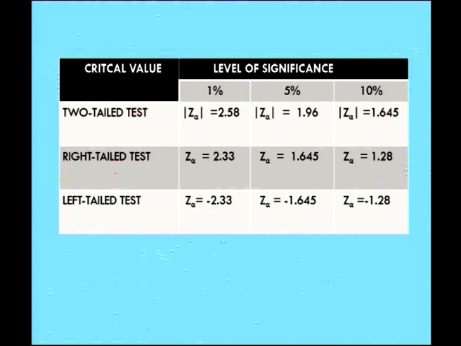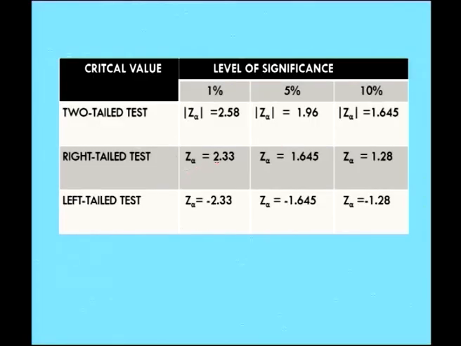As I was discussing, for the right tail test, for example, if you want to refer to it for 5%, the tabulated value for two tail test at 10% will be the same as the tabulated value for Z at 5% for one tail test, whether it is left tailed or right tailed.